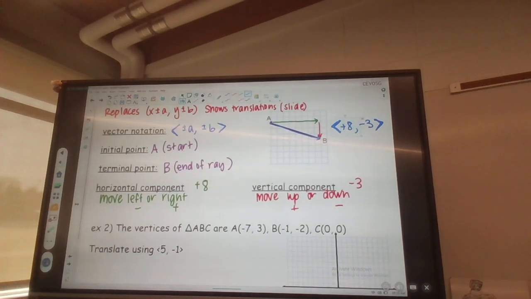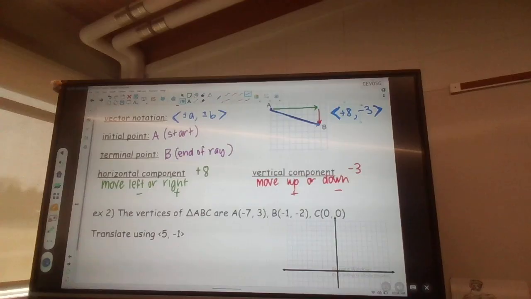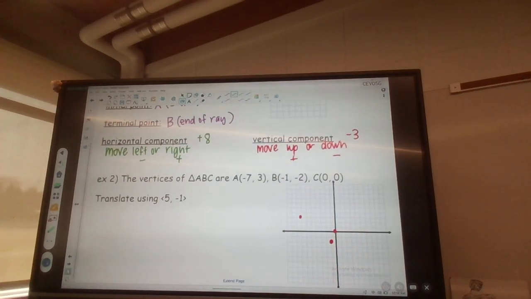So this last question, we're going to basically use vector notation to translate our triangle. So they tell us our vertices here, I'm going to plot those. So I have this skinny triangle here. And they're telling me to translate it with 5, -1. So again, this is really the same thing as if I said x + 5, y - 1 from yesterday.